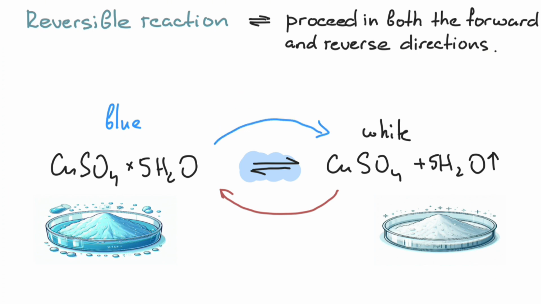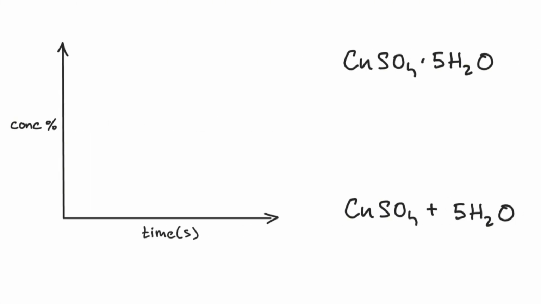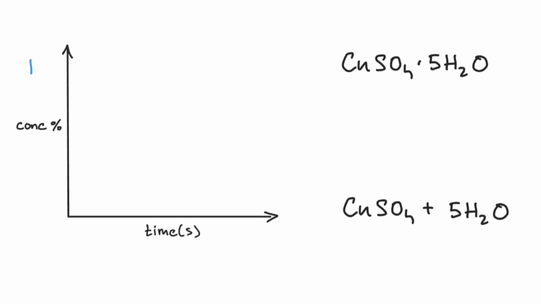And if we draw a graph, we will find that initially we will have 100% of our reactant in the form of blue copper sulfate pentahydrate and no product, 0% of anhydrous copper sulfate. However, as soon as you start the reaction, you will expect that the concentration of reactants starts to decrease and the concentration of products starts to increase.